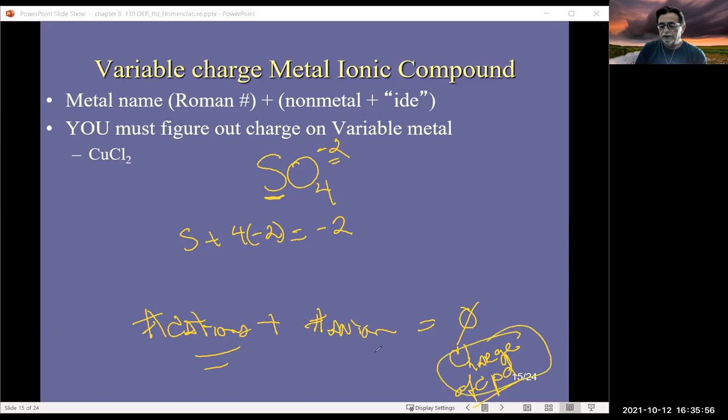So I got an equation here where S, sulfur, minus 8 equals -2. We solve for sulfur. Sulfur is simply 8 minus 2 equals 6, so +6. So under these conditions, the sulfur atom has a +6 oxidation number.